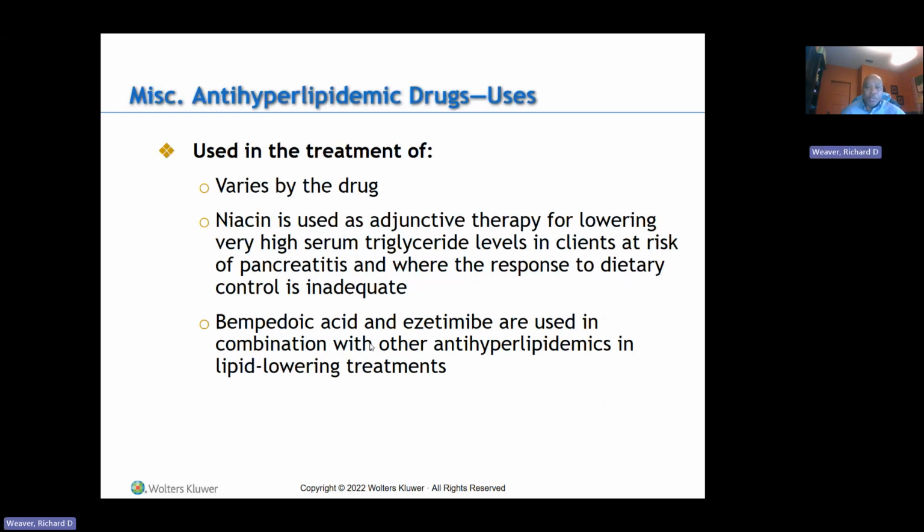Now, the bempedoic acid and the ezetimibe are typically used in combination with other anti-hyperlipidemic drugs in order to lower the lipid levels. And so you have this combination.